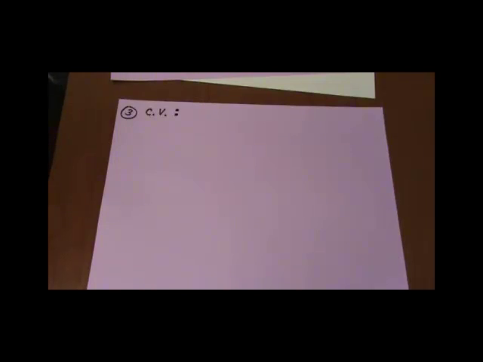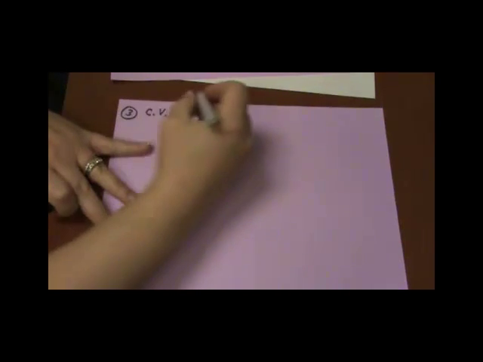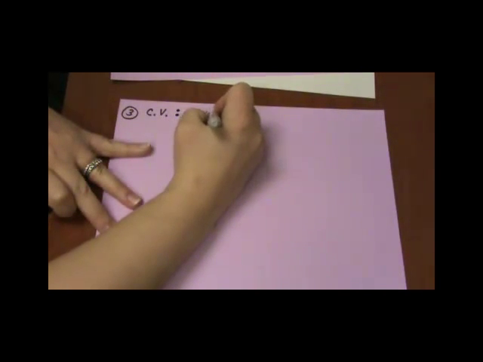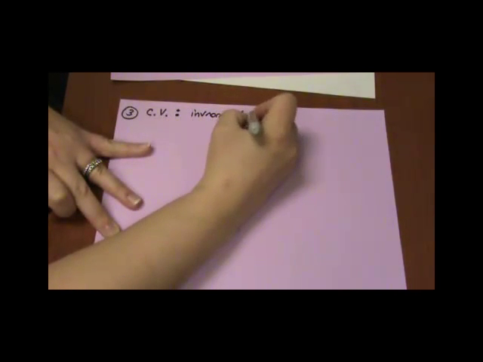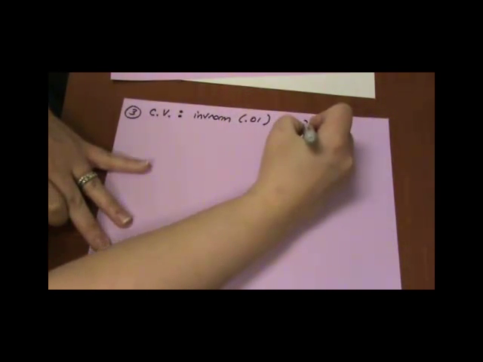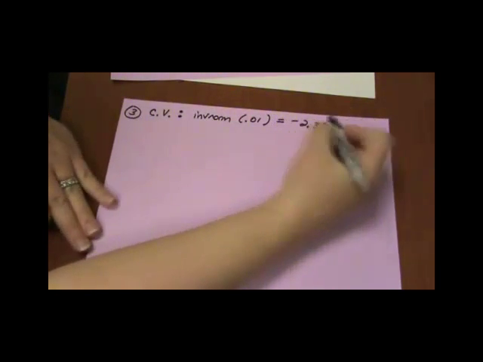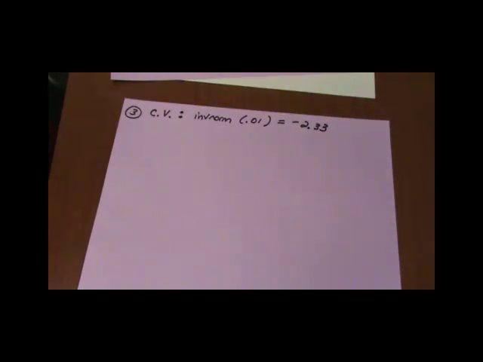If it was a right-tailed test, I'd want to subtract that from 1 because I want the upper end. So I'm going to do inverse norm of 0.01. This is going to give me my critical value so that I can draw what we call a rejection region. Inverse norm 0.01, I'm going to get negative 2.33. Okay, that's my critical value.